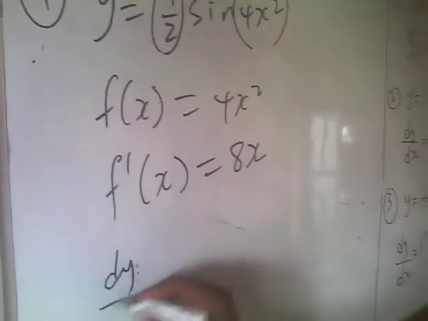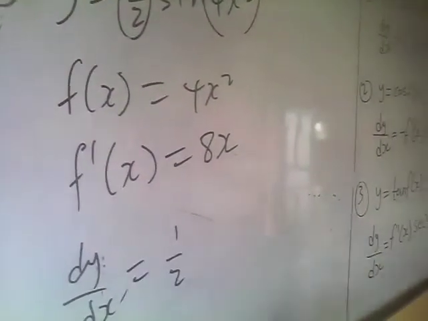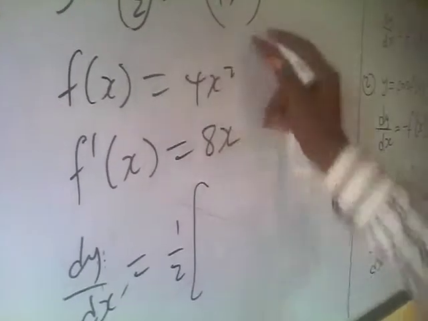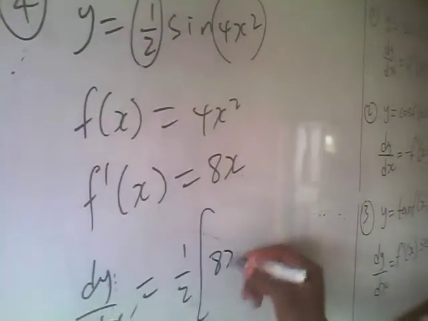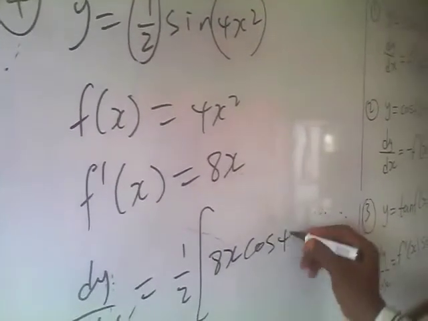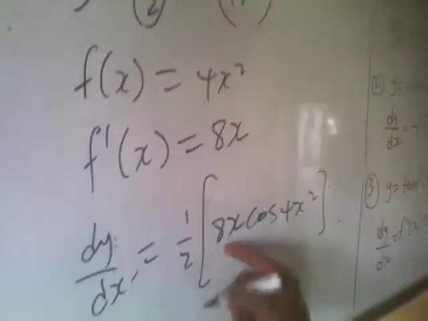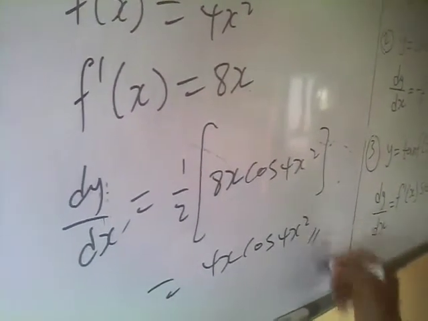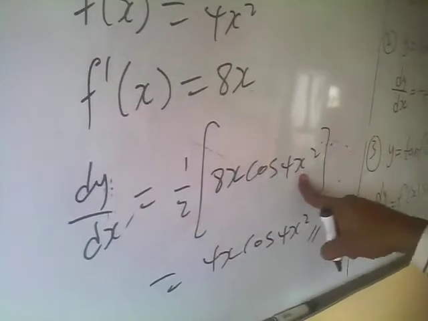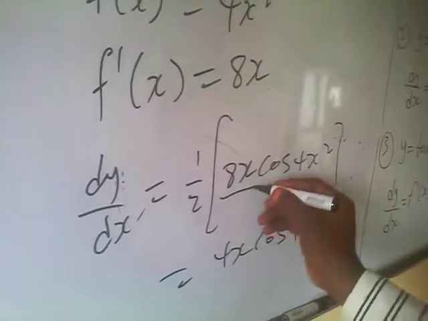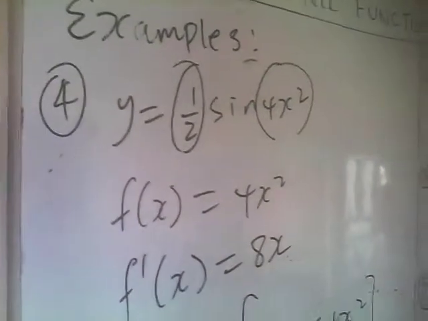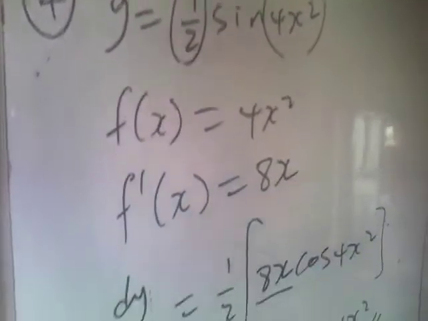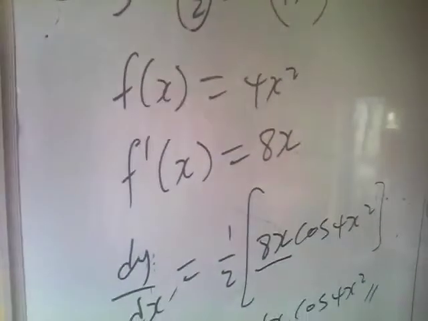So dy/dx will equal half times the differentiation of this, which is f prime of x, 8x, and cos f of x, which is cos 4x squared. That gives us half times 8, that's 4x cos 4x squared. Please know that this half does not affect the 4x squared inside here, it only affects the coefficient of the cos function. So please take good note of that.